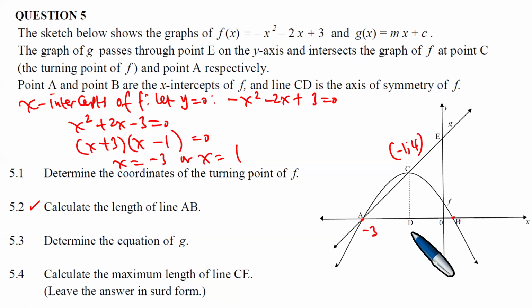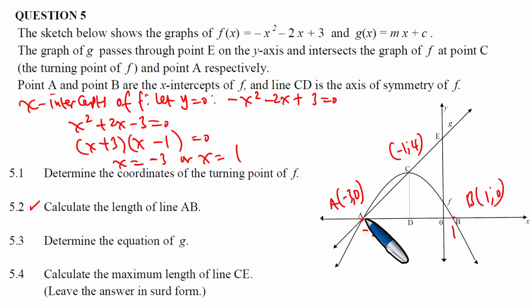So the coordinates of A are minus 3, 0, and the coordinates of B are 1, 0.